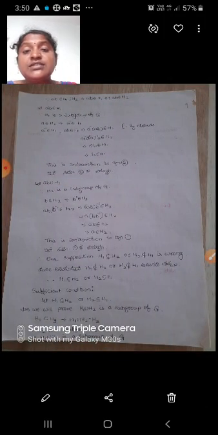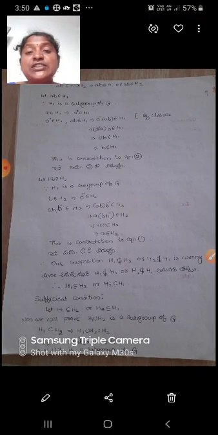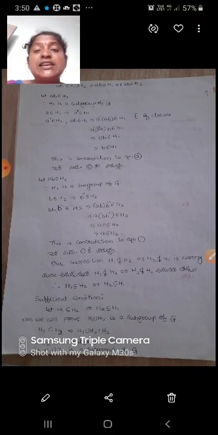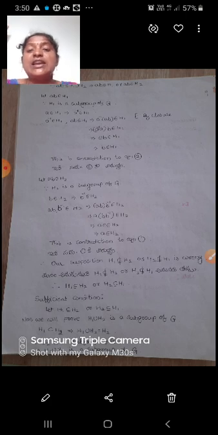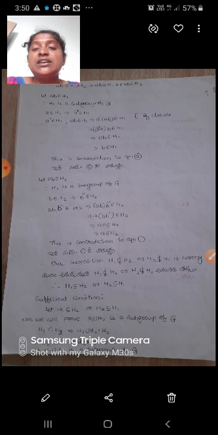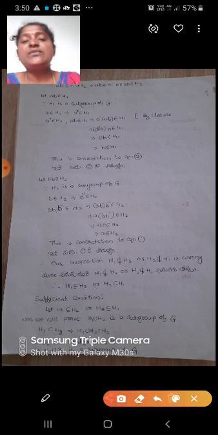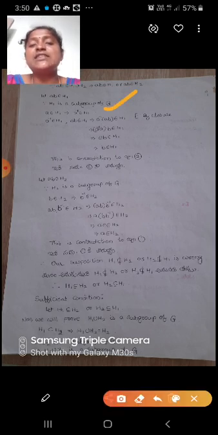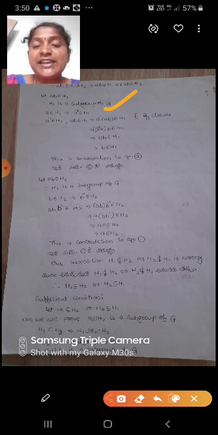So AB belongs to H1 union H2 implies AB belongs to H1 or AB belongs to H2. Let AB belongs to H1. Since H1 is a subgroup of G, by inverse property, A belongs to H1 implies A inverse belongs to H1.